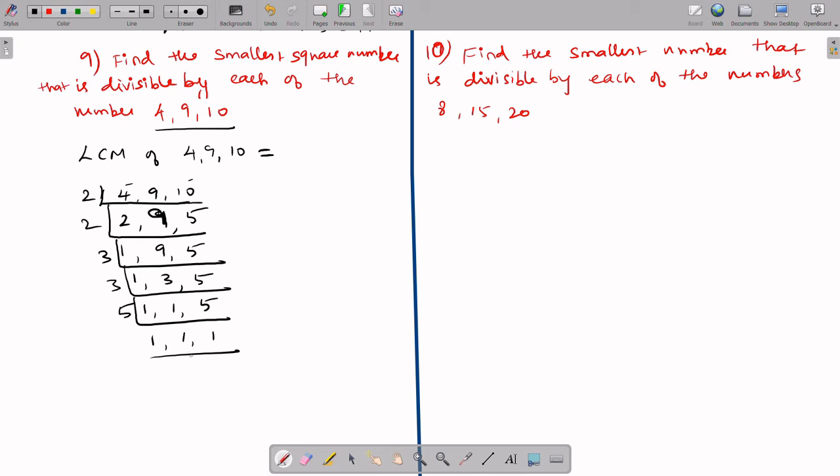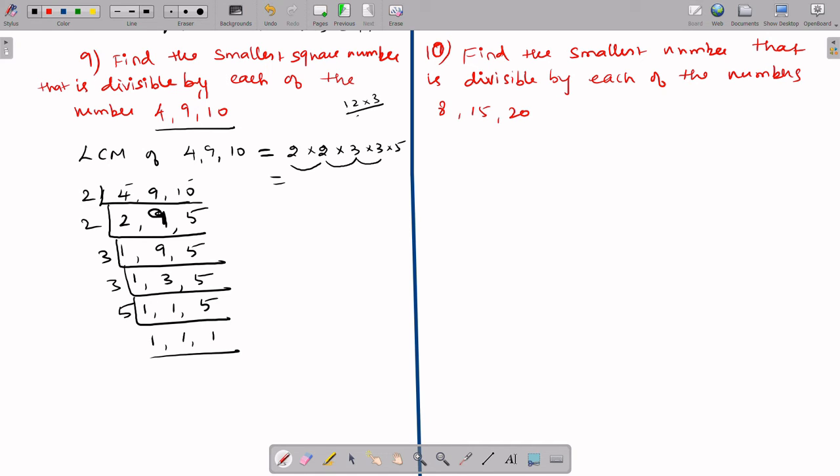So we get the LCM of these numbers. You have to multiply all the numbers. LCM of 4, 9 and 10 is equal to 2 into 2 into 3 into 3 into 5. This is the LCM. When you multiply all the numbers, 2 2s are 4, and 4 3s are 12, and 12 3s are 36.